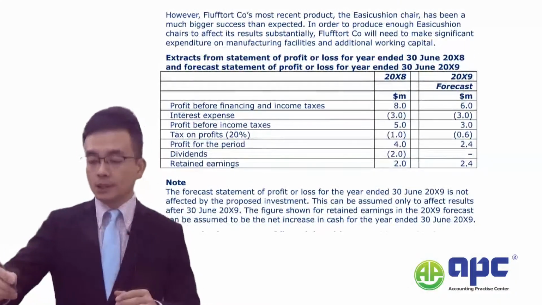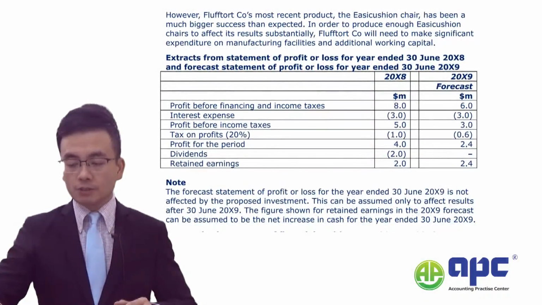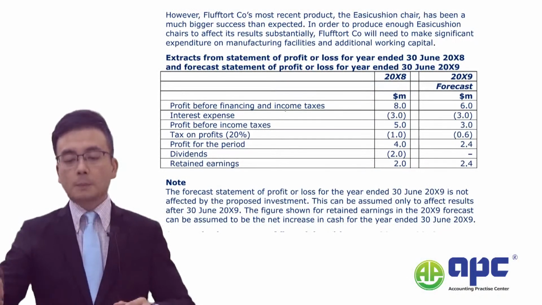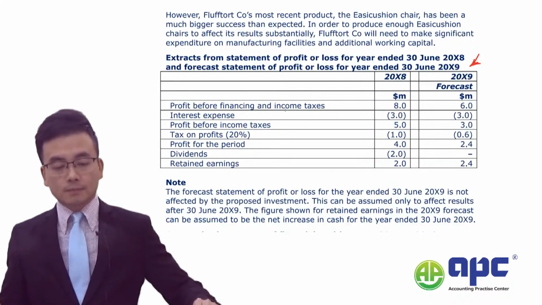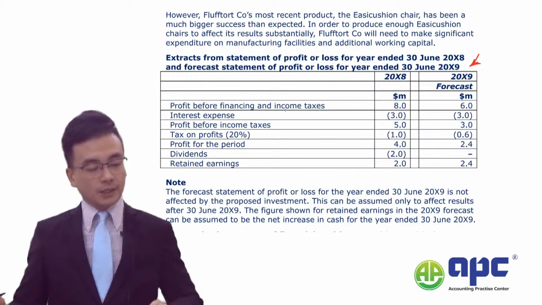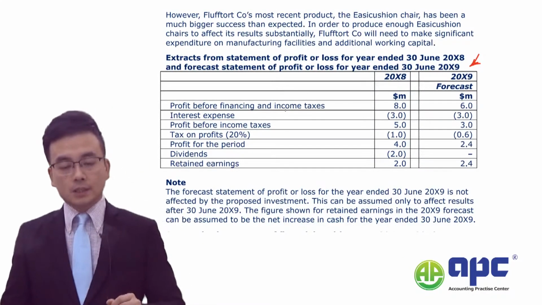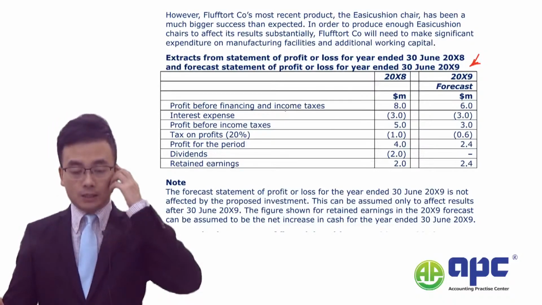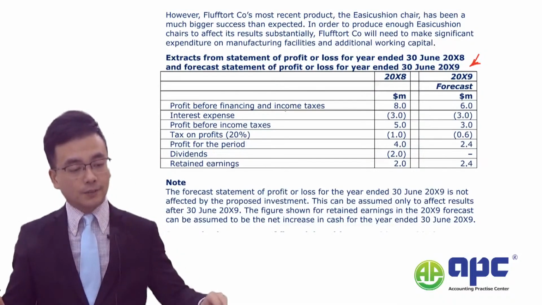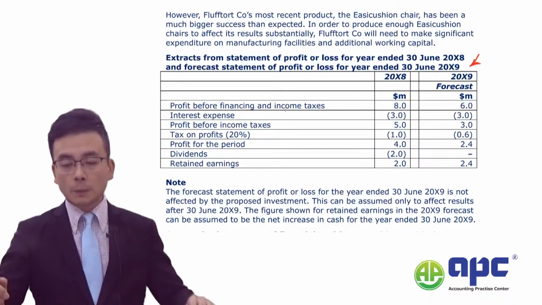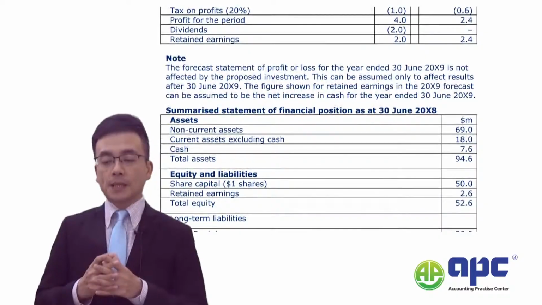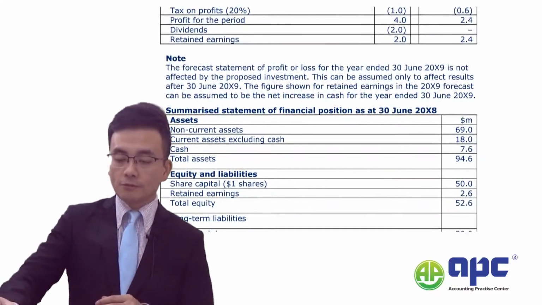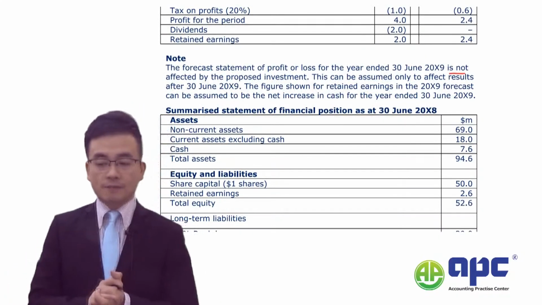Now we are given the current P&L, starting with the profit before financing, income taxes, and so on, and also dividend and retained earnings. We're also given a note saying that the forecast P&L is not affected by the proposed investment.